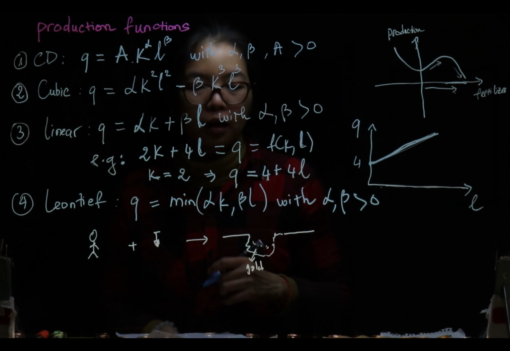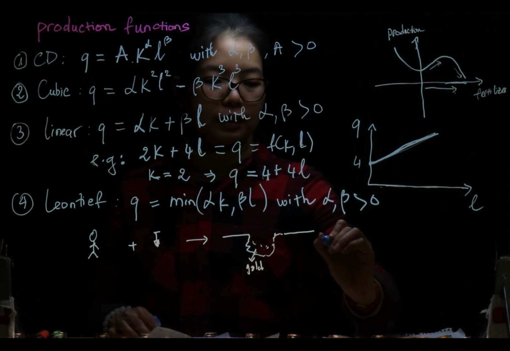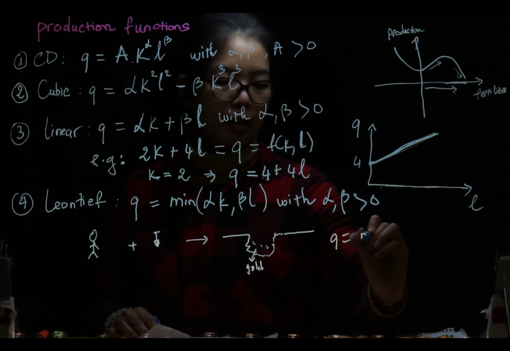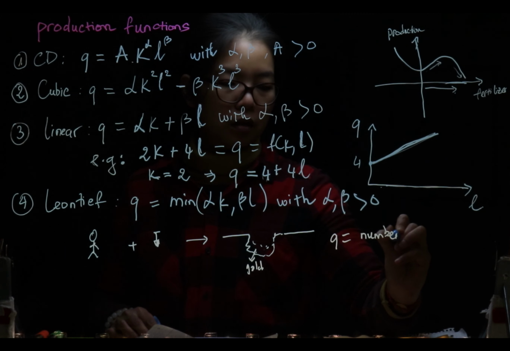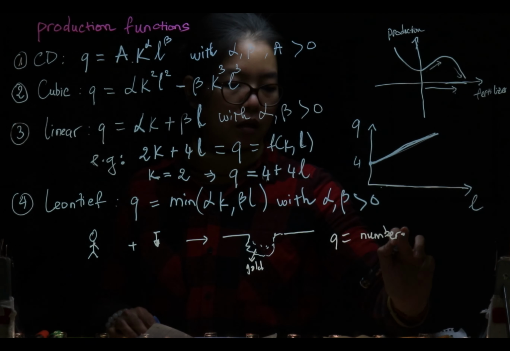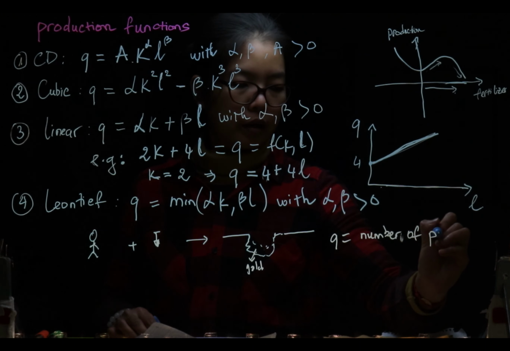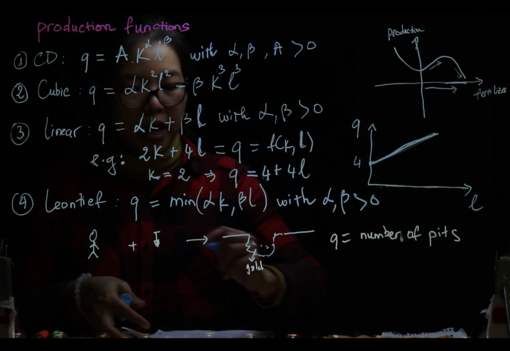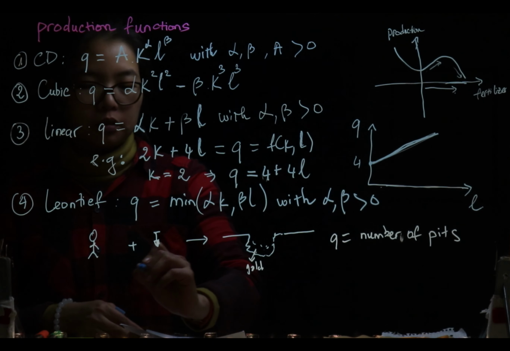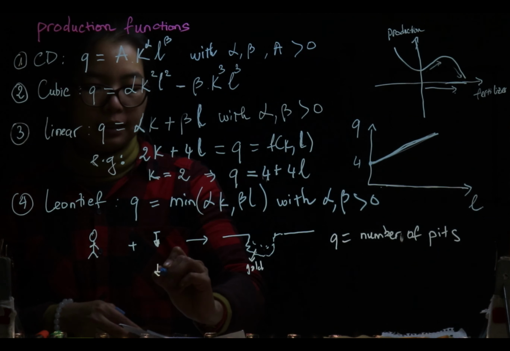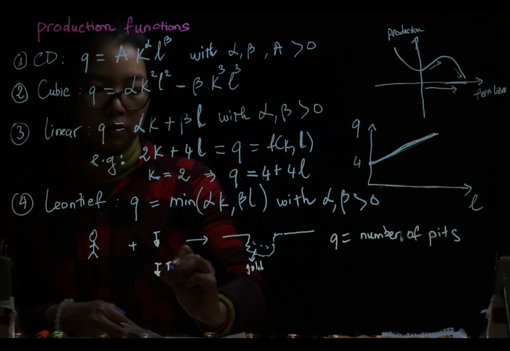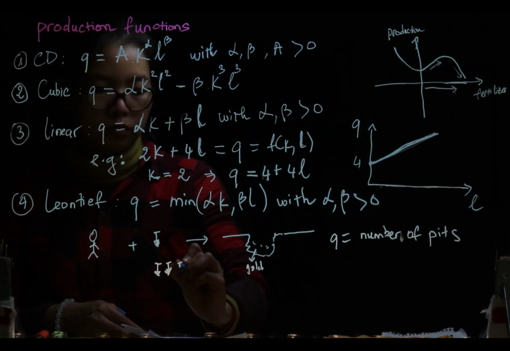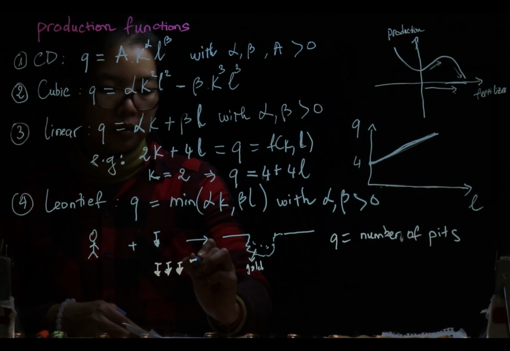Okay, so the production quantity is the number of pits. You have workers. Imagine now you have 5 spades: 1, 2, 3, 4, 5.